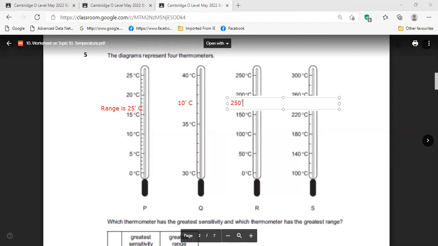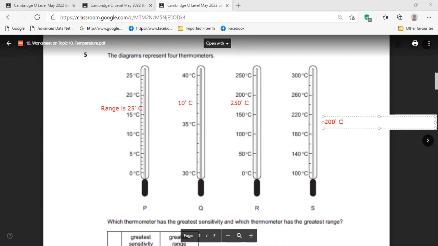Very good. So here we got 250 degrees Celsius. And what is the range here? Not 300, it is 100 to 300. Then what is the range? 200 degrees. Yes, 200 degrees Celsius.